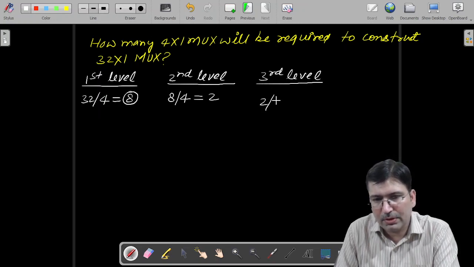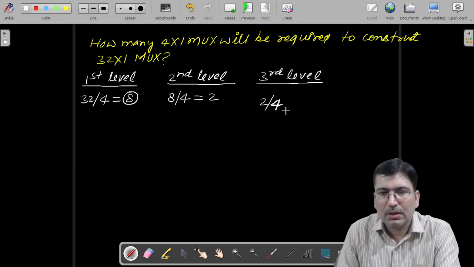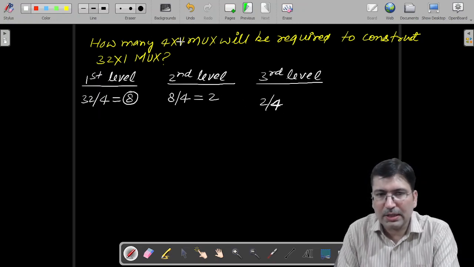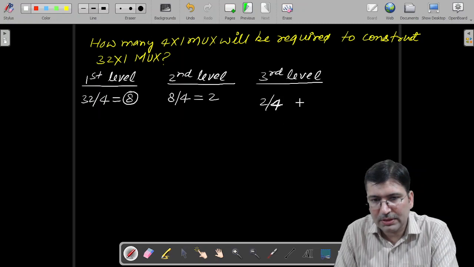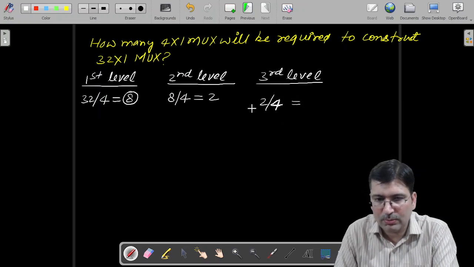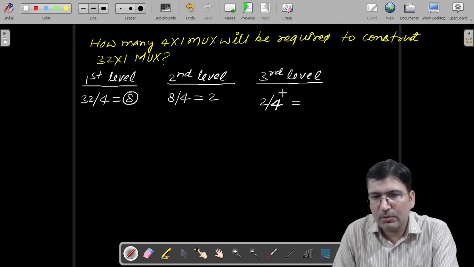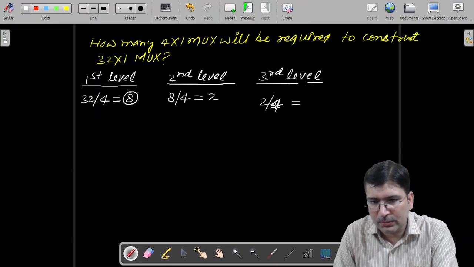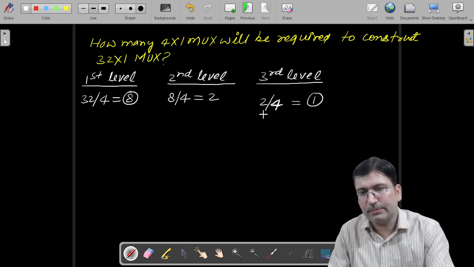We are getting 2 outputs of these 2 MUX, but we are having a MUX which can handle 4 at a time. So obviously at least one MUX we will put here. We can utilize 2 input lines of this MUX, 2 will remain unused. So here we will require 1 MUX.